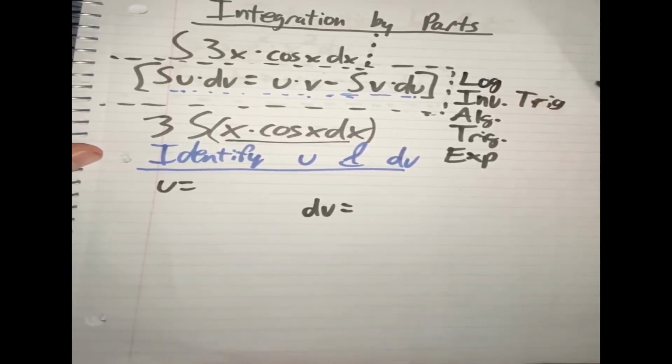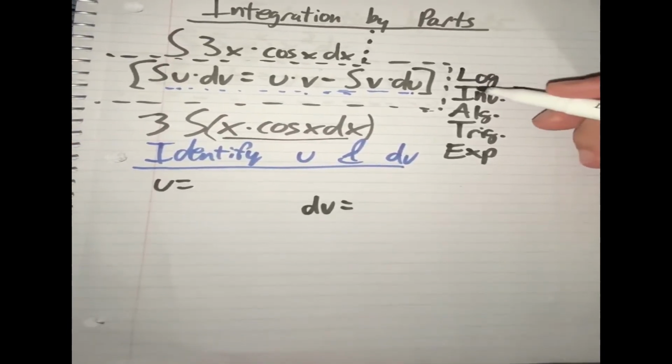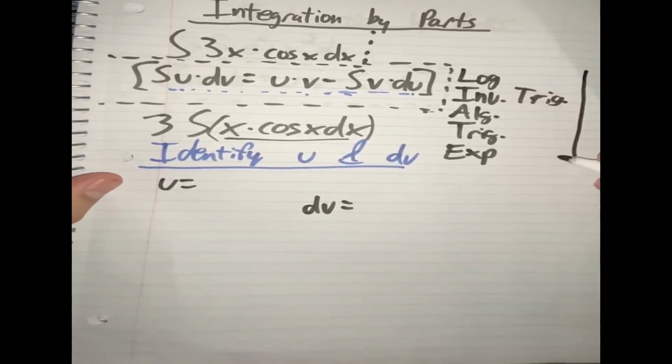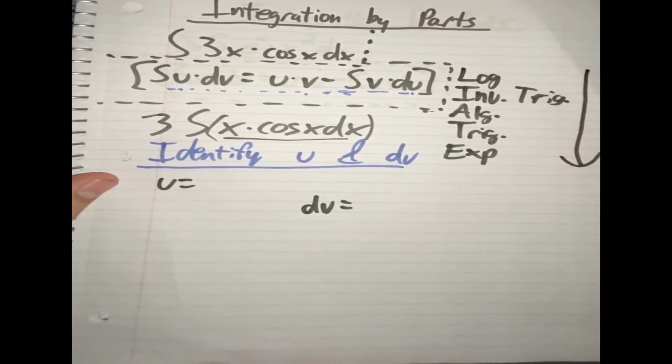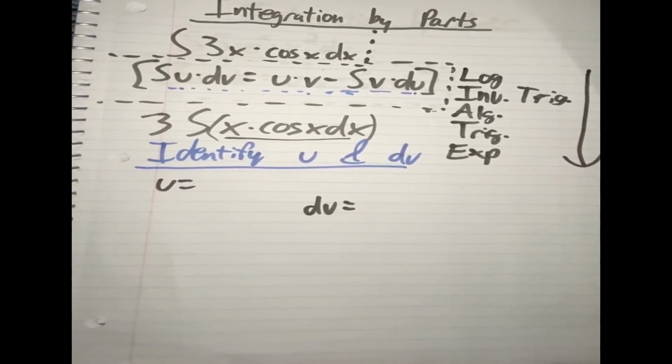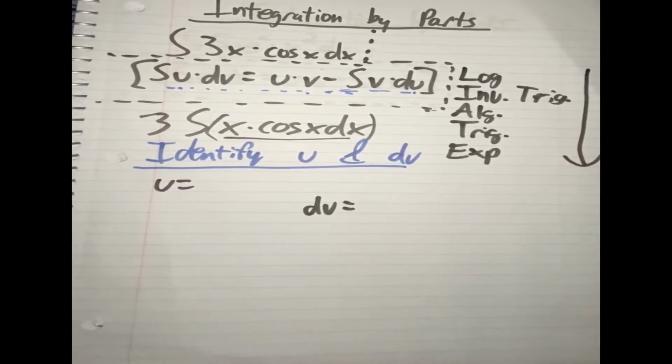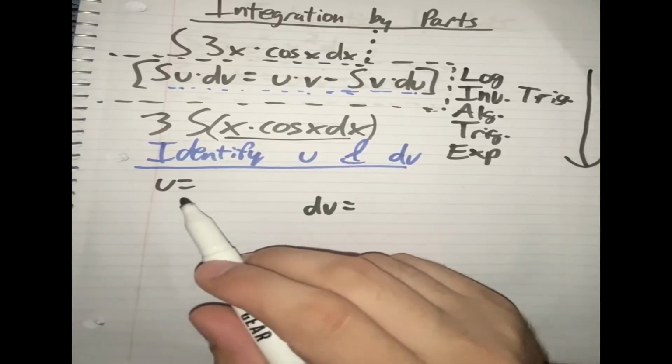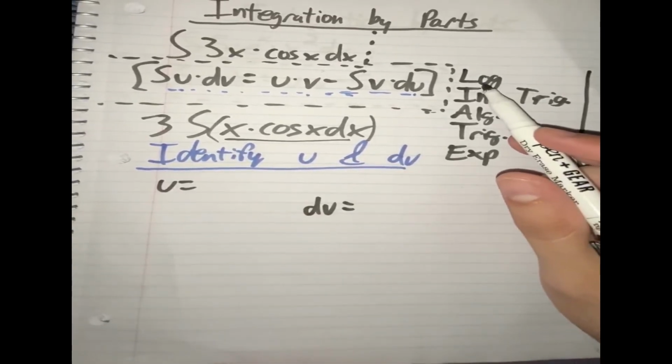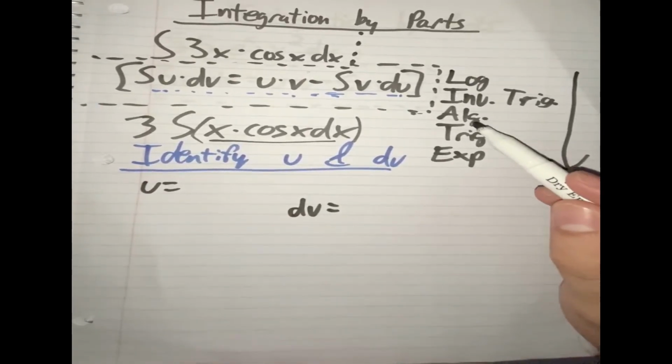The idea is that we go from here down in selecting u. Our u will be whichever one of these functions comes first.